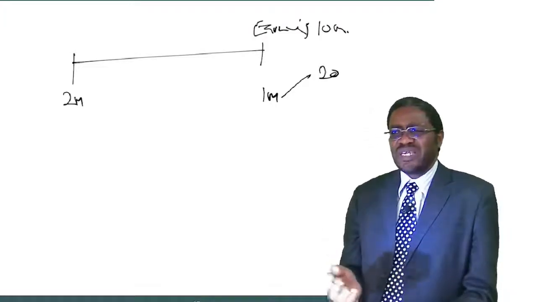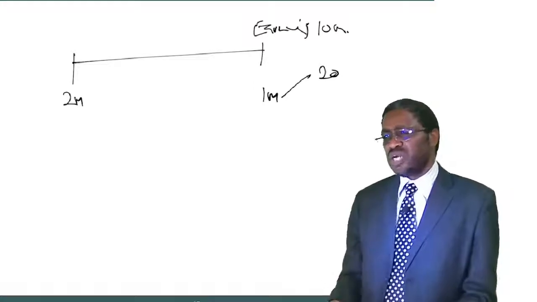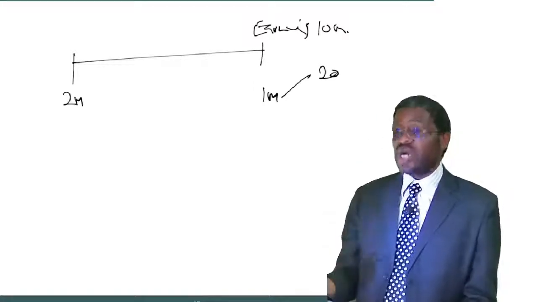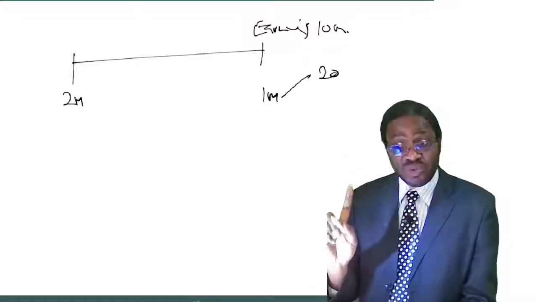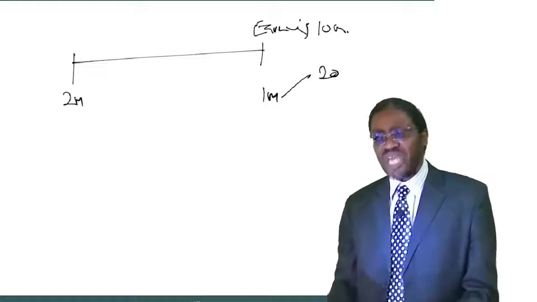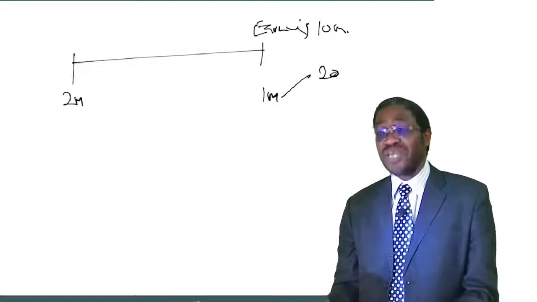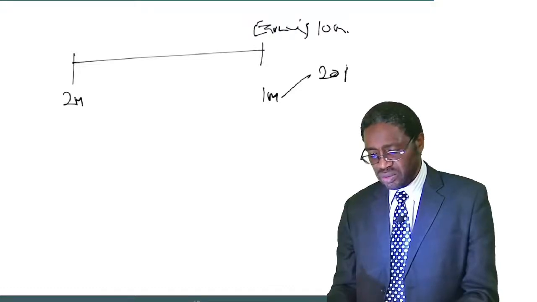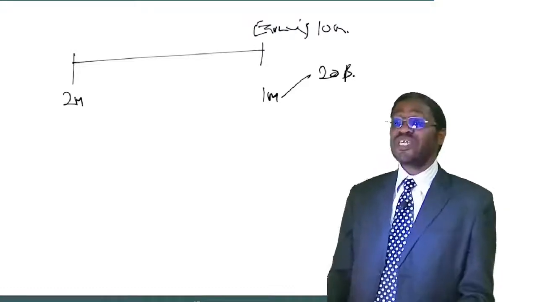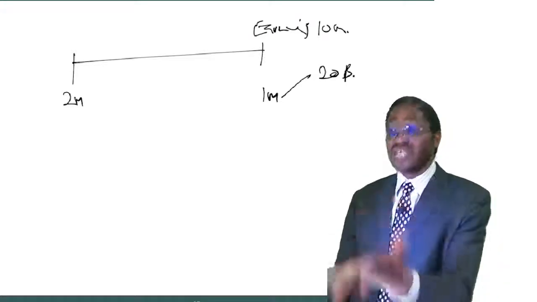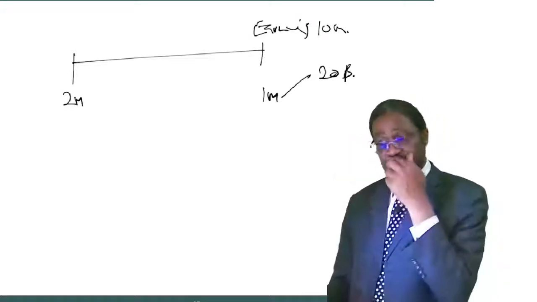Maybe currently it's 10 shillings. And we are saying to them, if the market price hits 20 shillings per share, we shall give you 1 million shares. Or we tell them, if the profit of the company hits 20 billion, you as managers, we shall give you 1 million shares.